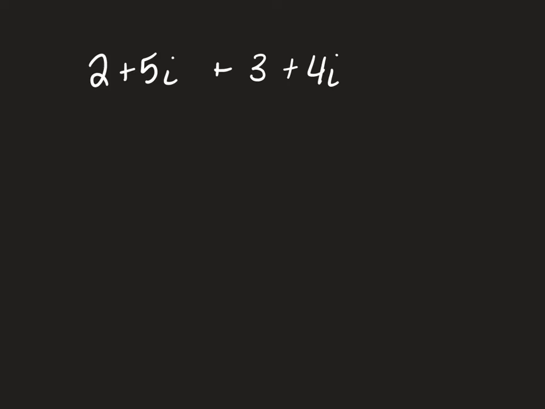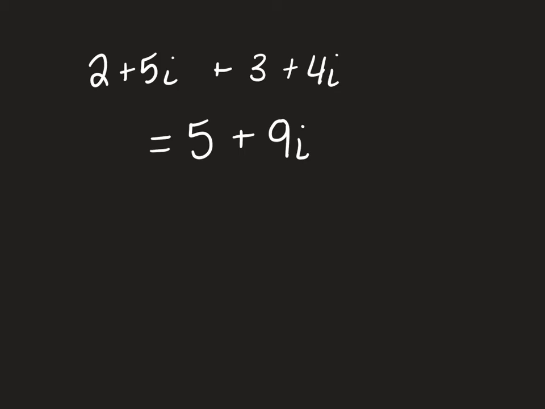You add the real numbers together, so 2 plus 3 is 5, and then 5i plus 4i would be what? 9i. That's it. That's all? Yeah, you just combine like terms.